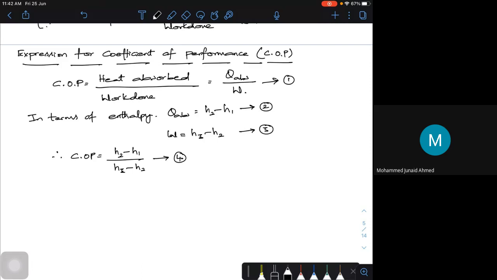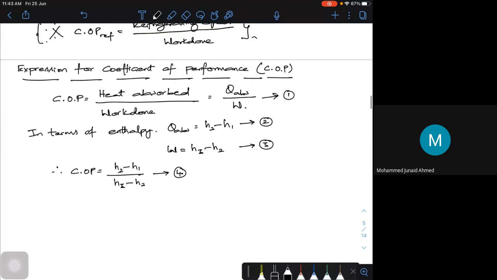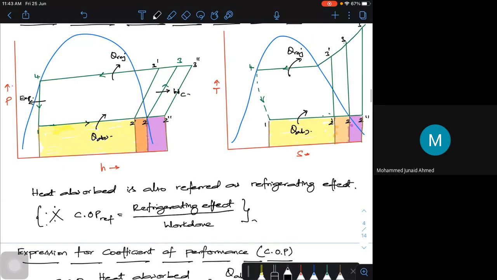Is that clear? Now, if you closely observe your pH chart or your refrigeration system, there are many things we can do in your vapor compression system. There are many factors which can affect your refrigeration system.